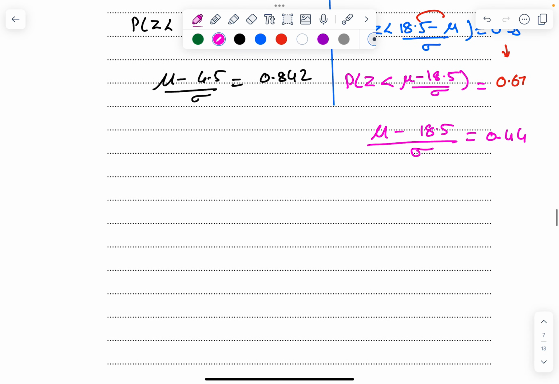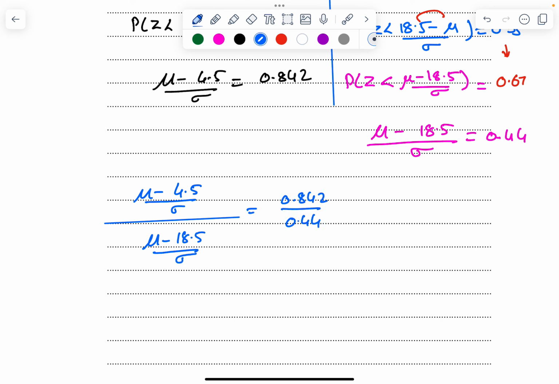Now I got two values, so divide both. (Mu minus 14.5) by sigma divided by (mu minus 18.5) by sigma equals 0.842 divided by 0.44. So sigma and sigma cancel.